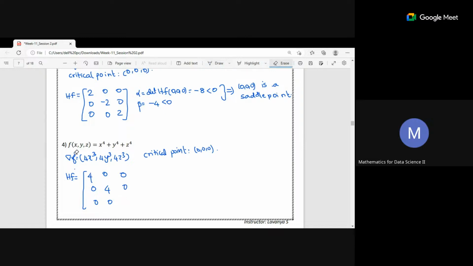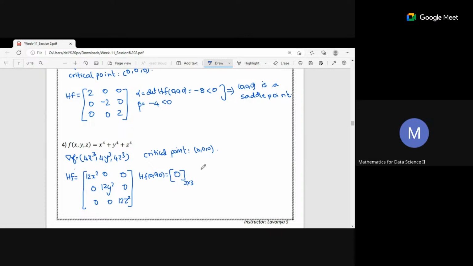No, I made a mistake. The second derivatives are 12x square, 12y square, 12z square. So HF of (0, 0, 0) is a zero matrix, a null matrix.